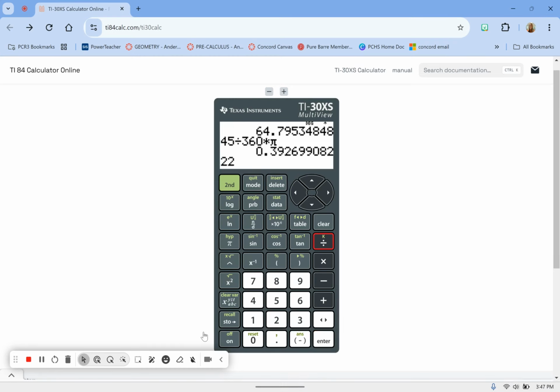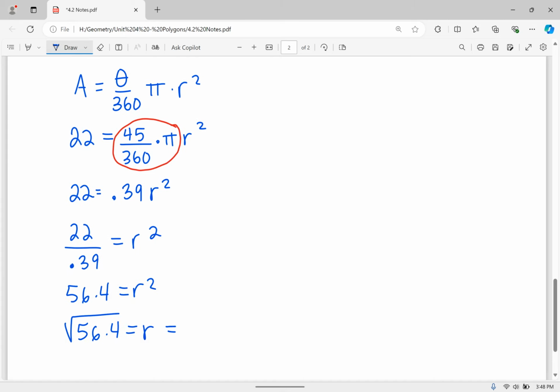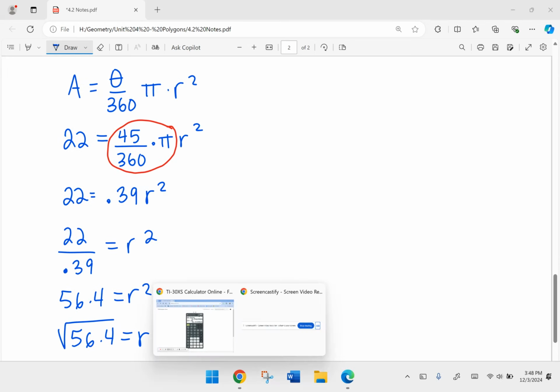So 22 divided by 0.39, and that's going to give me 56.4. And then to solve this, I'm going to take the square root of that, and that will give me the radius once I take the final square root of that number. And that's going to give me approximately 7.5 or 7.6.